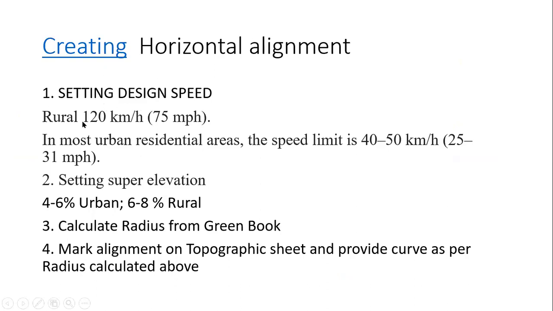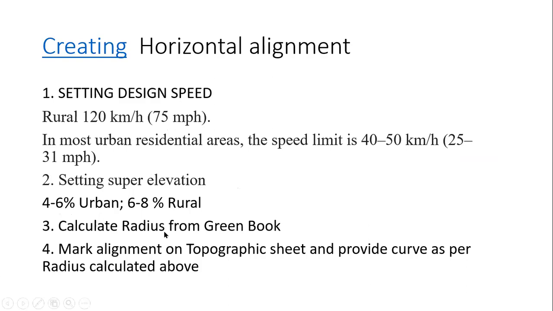Our design speed is 120 kilometers per hour, or 75 miles per hour, because it's a rural area and the speed limit is that. Along with that, we have to have a super elevation of 4 to 6% and 6 to 8%. And once you know that, you can calculate the radius from the Green Book.